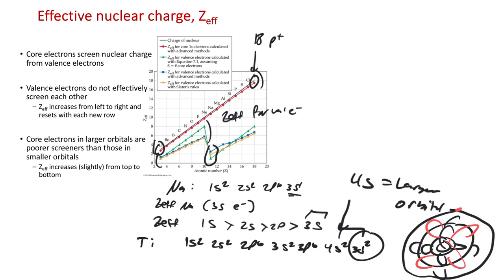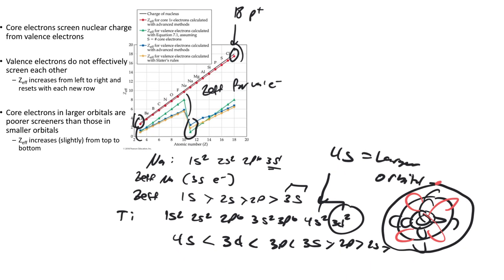So for this ordering in titanium, 4s would experience the lowest charge, then the 3d, then the 3p, then the 3s. The d is going to be a little further away on average than the p, and a little further on average than the s. Continuing along, 2p, 2s.